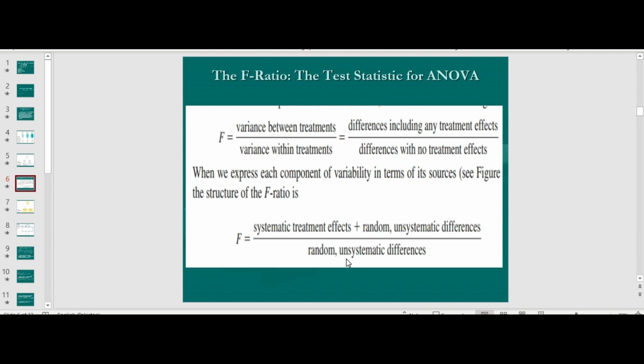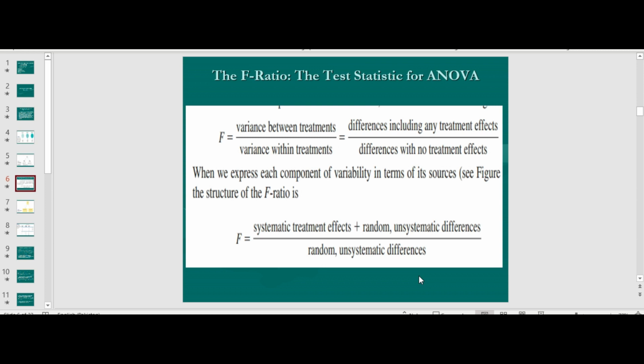And when the treatment has an impact, causing systematic differences between the samples, then the combination of the systematic and the random differences in the numerator should be larger than the random differences alone in the denominator.